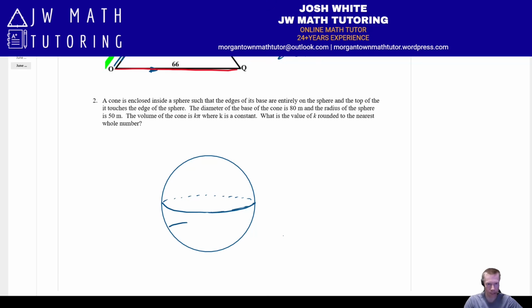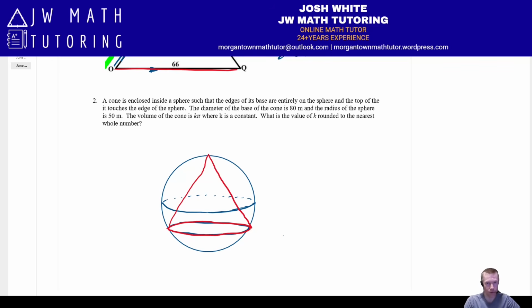Picture a circular cross section right here. So this is the base of our cone, and then let's extend it up here so it's touching the top. Let's make this whole thing in red just to differentiate it from the sphere itself. Okay, so here is the three-dimensional cone.